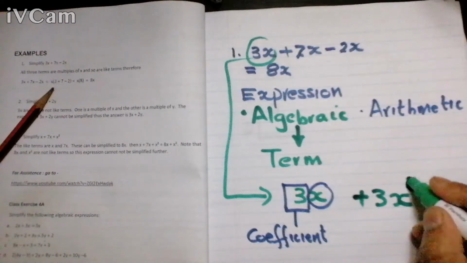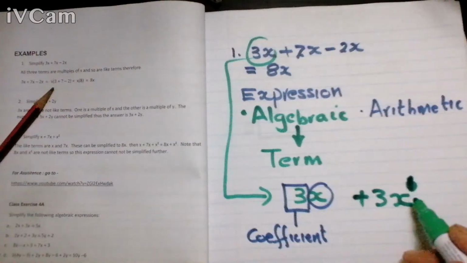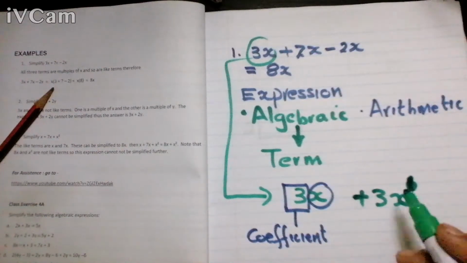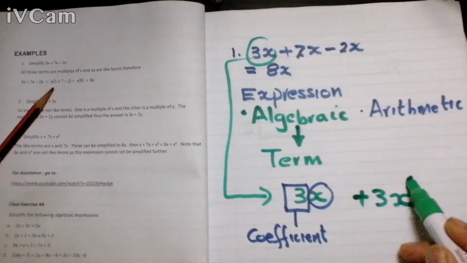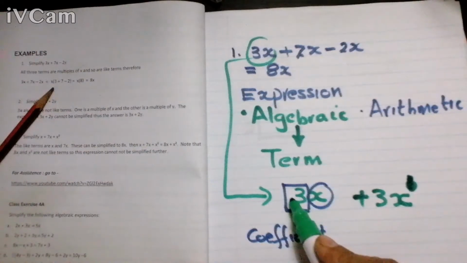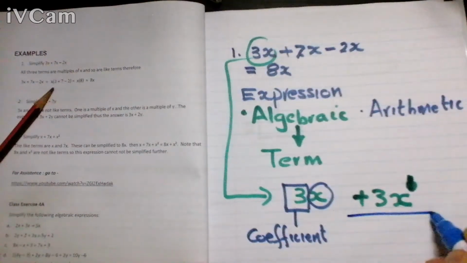Any number raised to the power 1 will be the number itself. Similarly, any variable raised to a power 1 will be the variable itself. So the plus sign is not here and the 1 is not here, but that is the general format of a term.